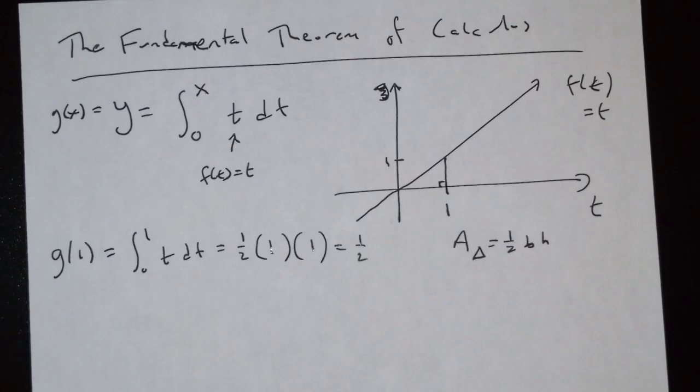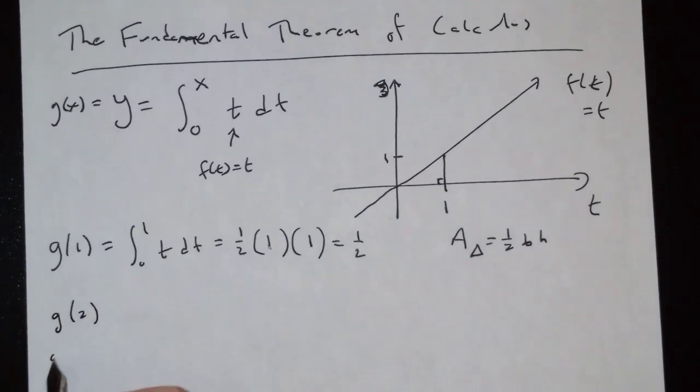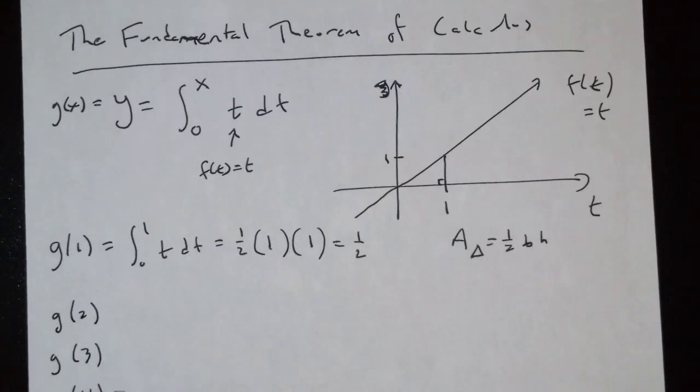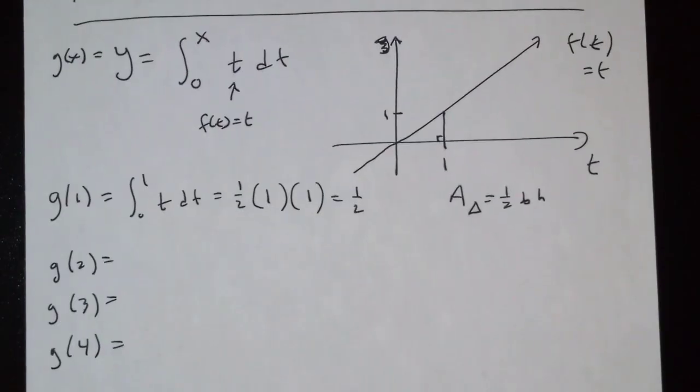I'd like you to calculate for me in this same fashion g of 2, g of 3, and g of 4. These are all going to be triangles, aren't they?